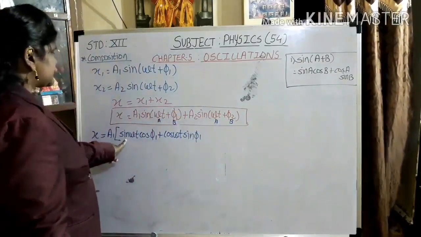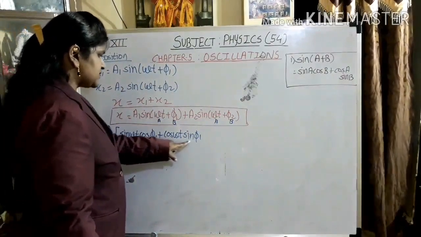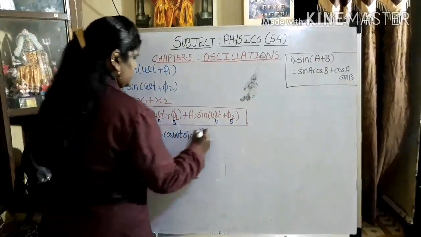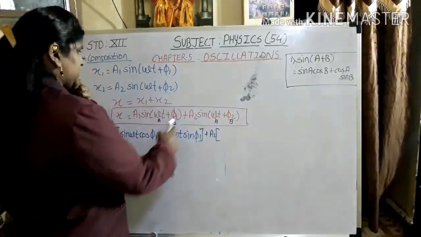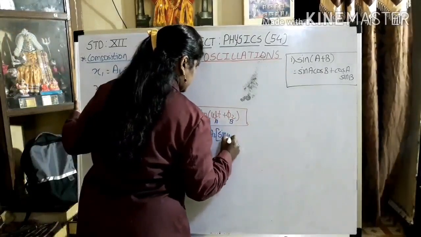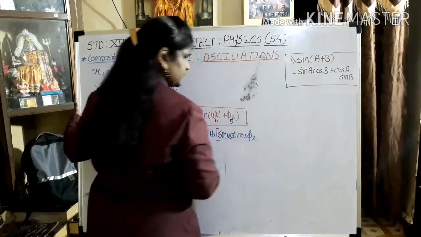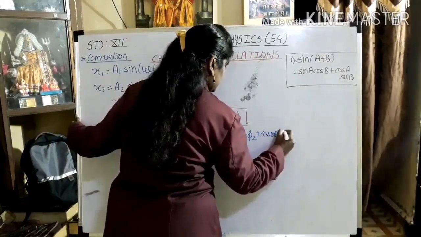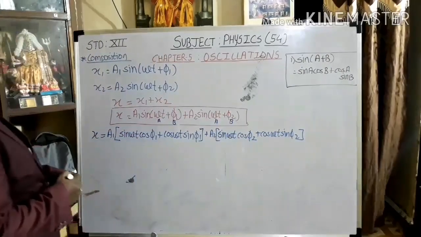Am I right? Sin a cos b plus cos a sin b. Yes, it is right. So I will put a bracket over here, plus a2 into bracket again, sin a cos b plus cos a sin b. So I got this equation.